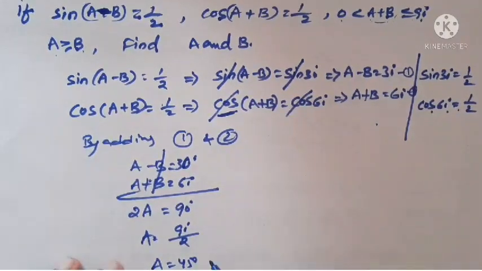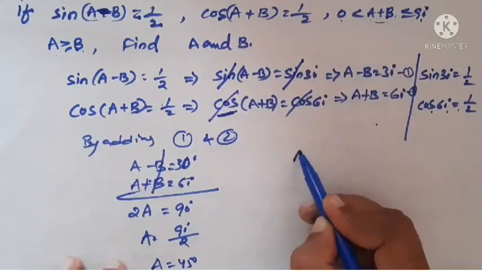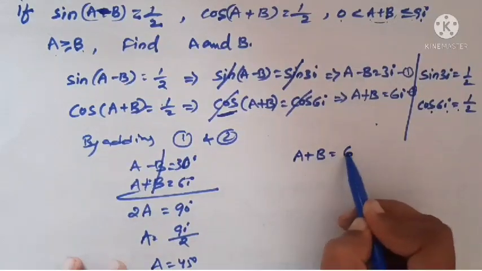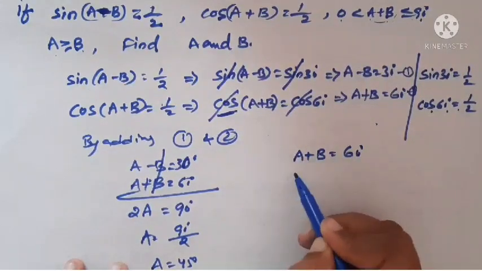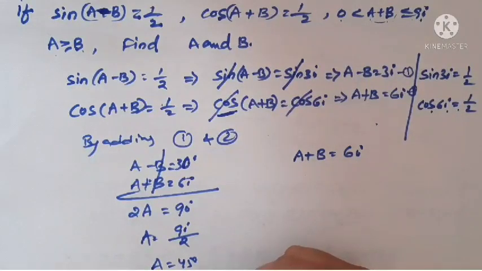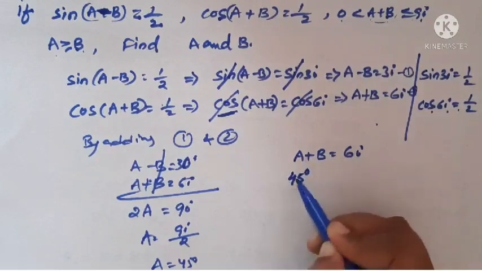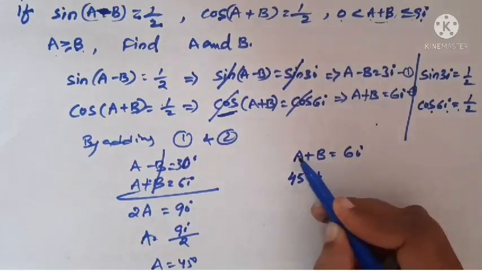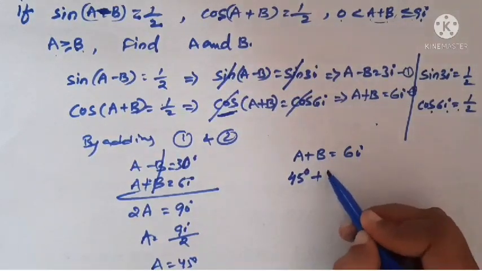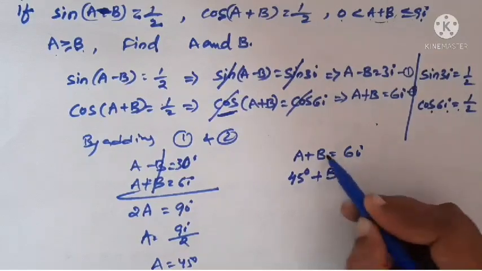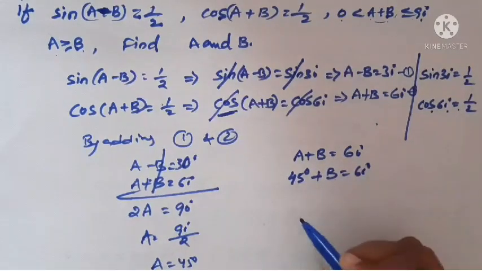Substitute these values in equation 2. First we take A plus B equals 60 degrees, and A value is 45 degrees. So we take 45 degrees and B here, and 60 degrees.